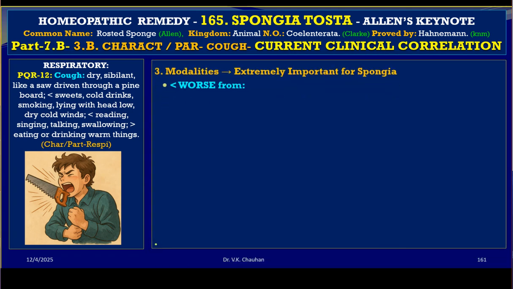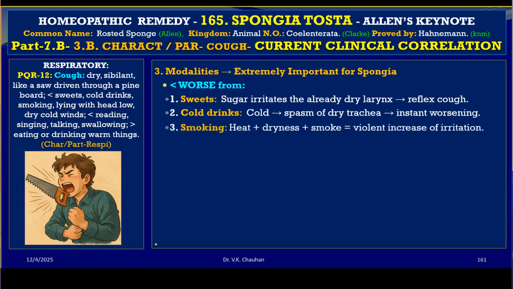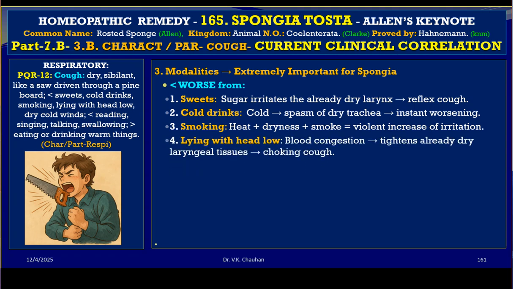Modalities are very important. Worse from sweets: sugar irritates the already dry larynx or pharynx and causes reflex cough. Cold drinks: cold causes a spasm of the trachea and instantaneously there is a cough. Smoking also causes local heat, dryness and irritation, which causes a violent increase of cough.